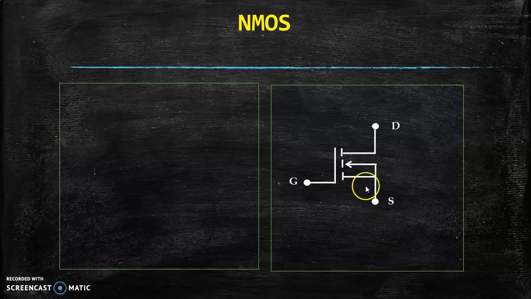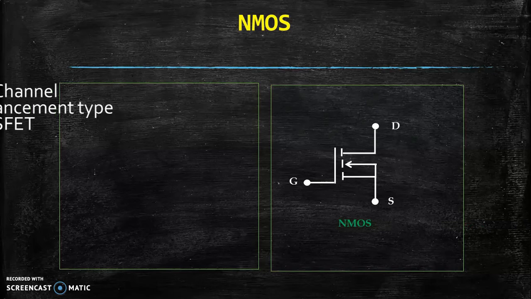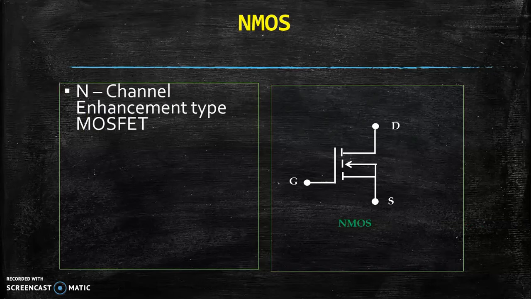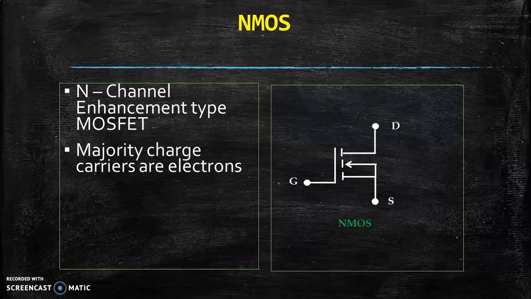In case of NMOS, the arrow is toward the inside. In case of PMOS, the arrow is outside. This symbol we use for NMOS. We use the N-channel enhancement type of MOSFET. Majority charge carriers are electrons.